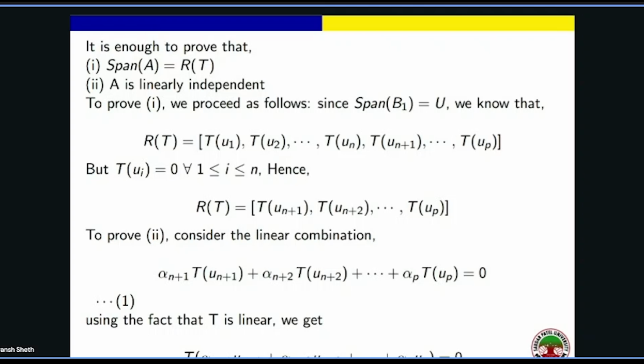So we have the range space equal to the span of these vectors Tu1, Tu2 up to Tup.